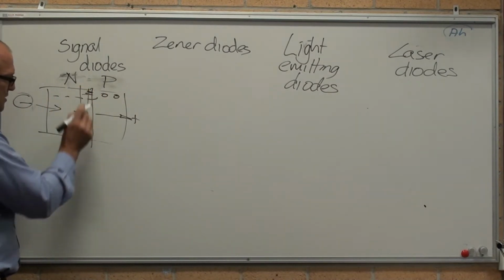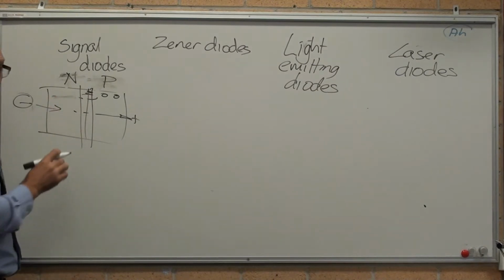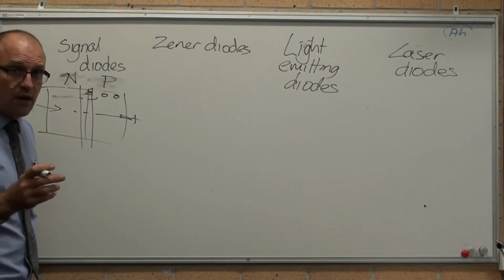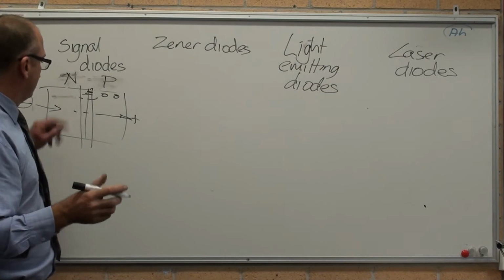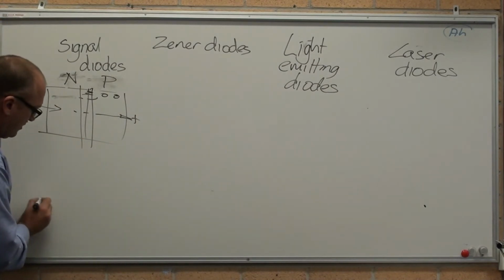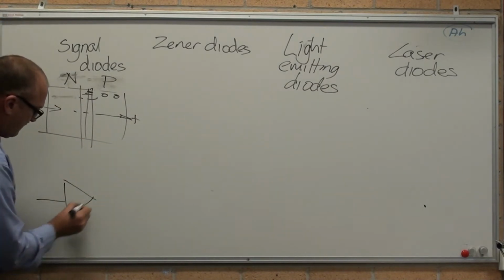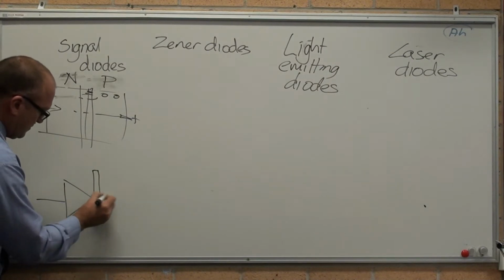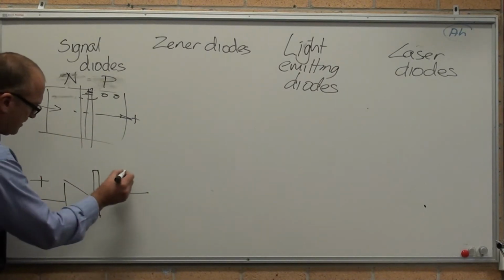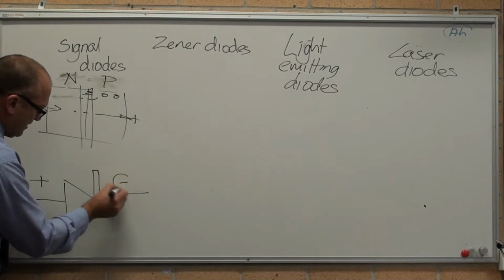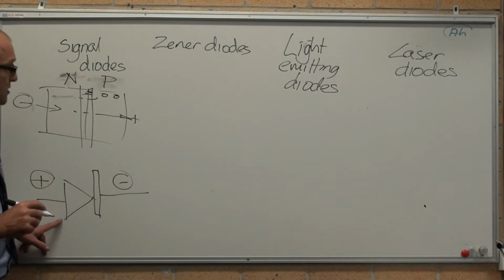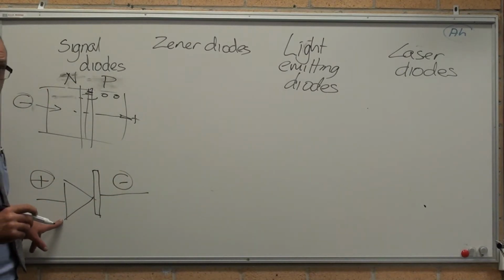And then in that centre section is the depletion zone where the flow occurs. A standard signal diode, conventional current, flows from positive to negative. So that is the symbol for a conventional diode.